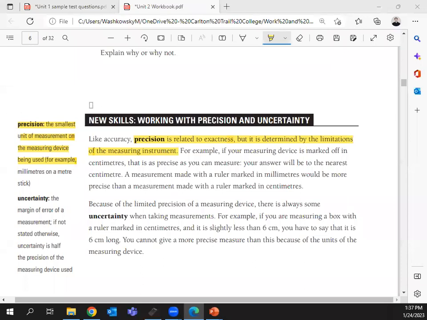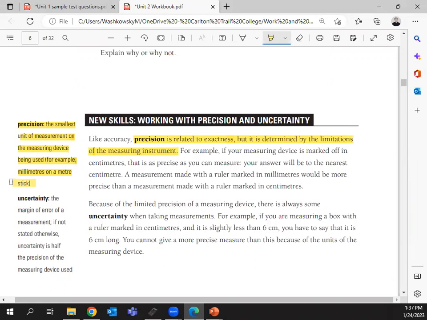So precision is the smallest unit of the measurement on your measuring device. When you're driving down the highway, your car tells you in kilometers per hour, right? It doesn't tell you in meters per hour. The closest it can get is kilometers.